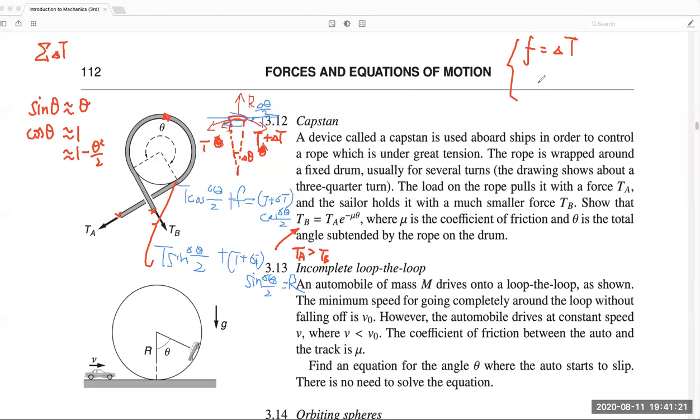On the next equation, you can simplify these two together.